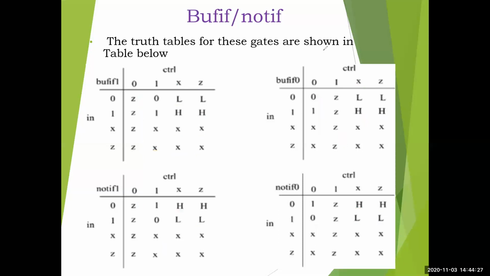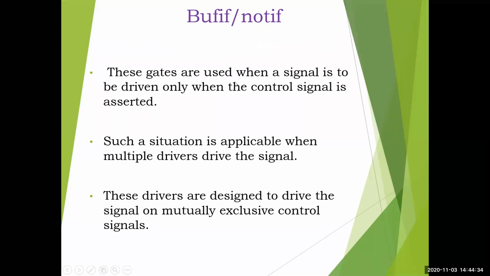Next, how to use this in Verilog, as an instantiation. These gates are used when a signal is to be driven only when the control signal is asserted. Such a situation is applicable when multiple drivers drive the signal.